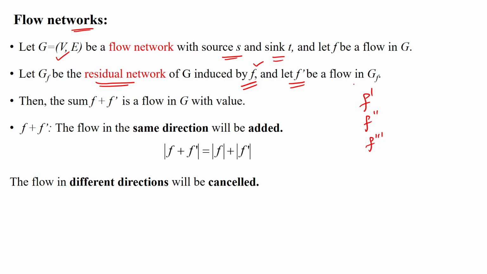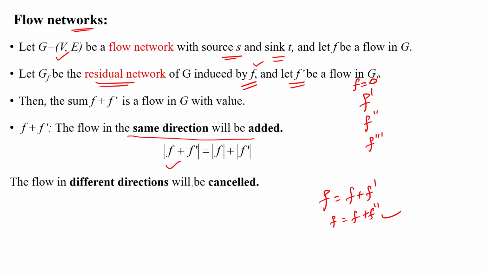Initially we make the flow 0, then we keep adding. So f equals f plus f dash, then f equals f plus f2 dash. So that's what we are mentioning here.